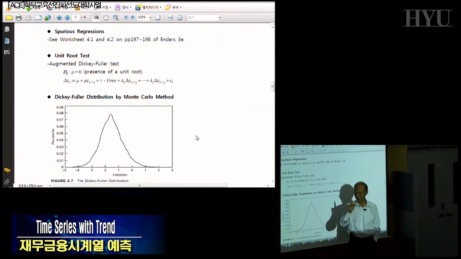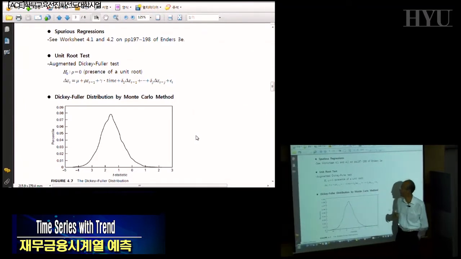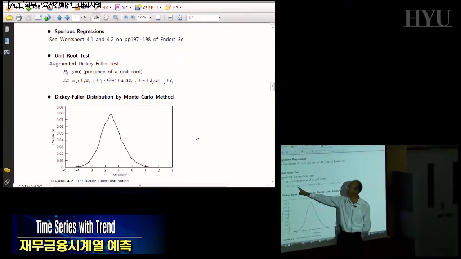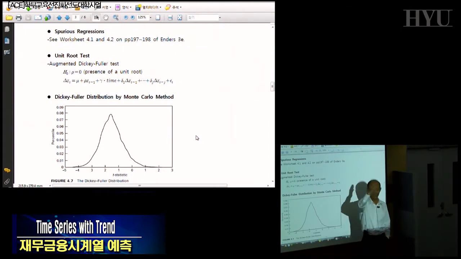If you run a regression, you can always calculate the t value, right? The important thing is that the t value for the estimate of rho under the null hypothesis is in fact not distributed as a t distribution.